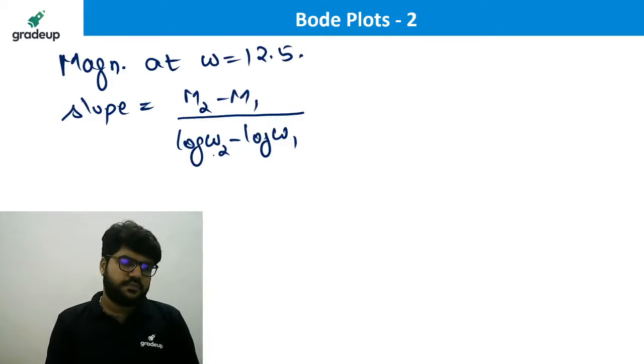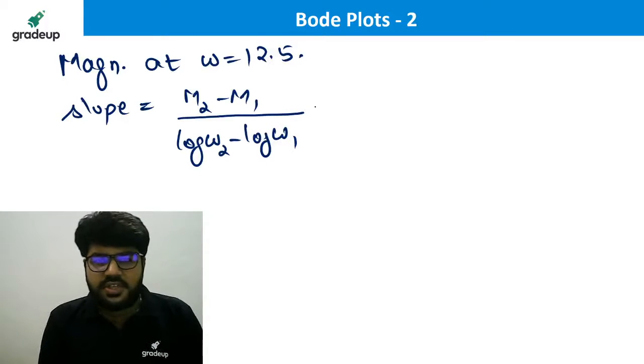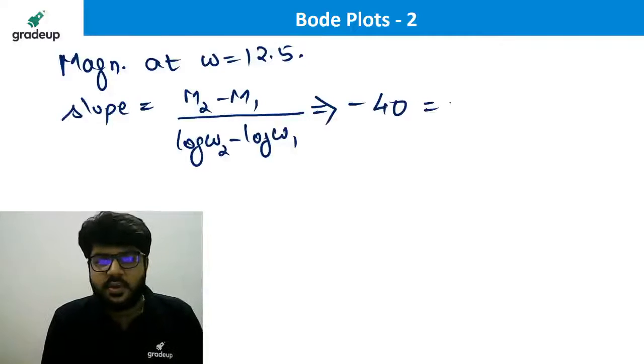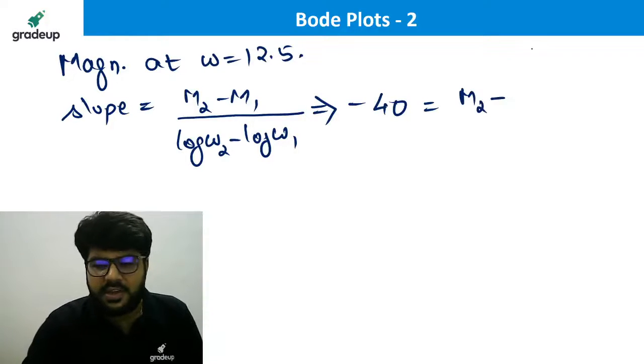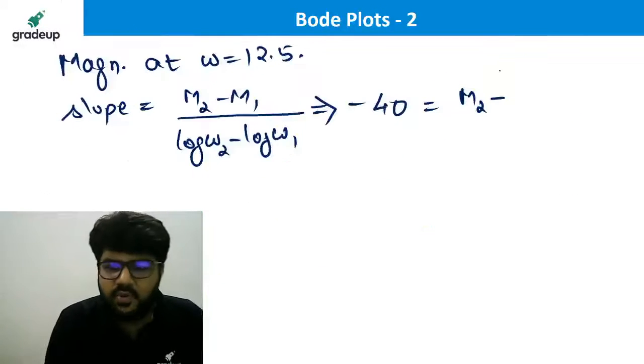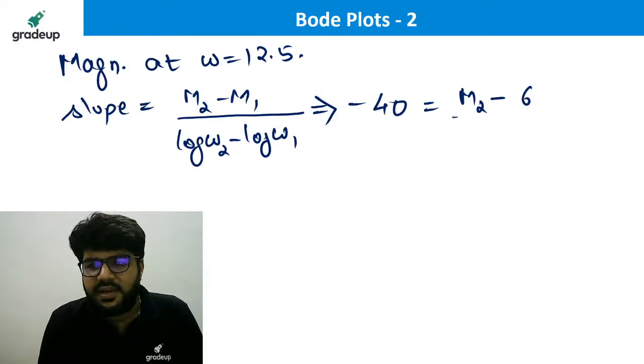So use this formula. The slope of the new line is minus 40, equal to m2, the new magnitude, minus the magnitude this line starts with, which is 6, as I have highlighted here, divided by log of omega 2.